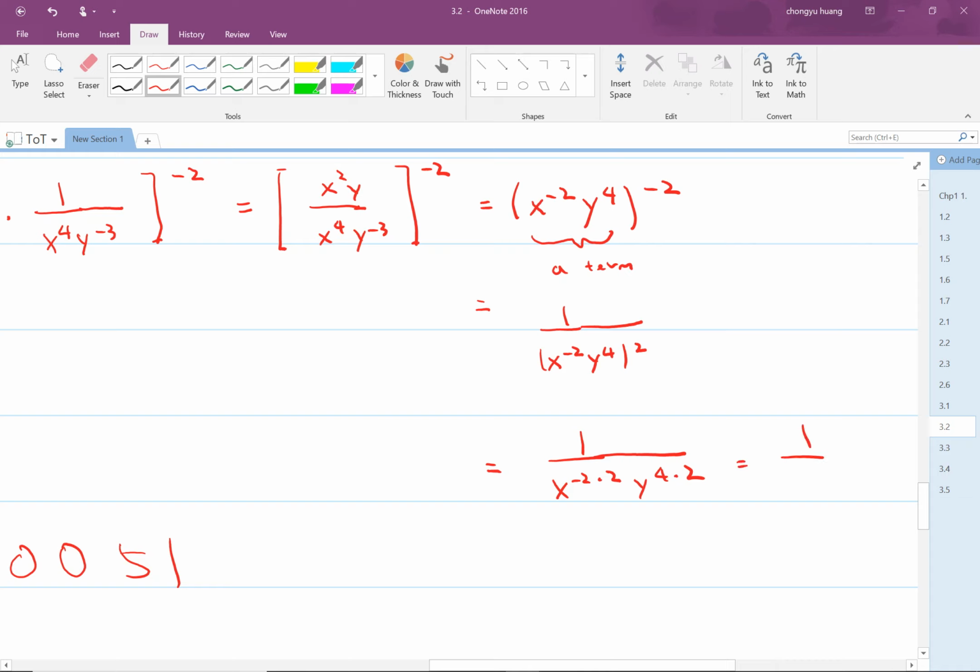It's 1 over x to the negative 2 multiplied by 2, which is negative 4, right? And y to the 4 multiplied by 2 becomes 8, right?